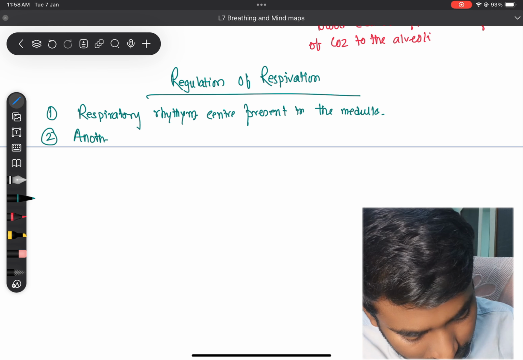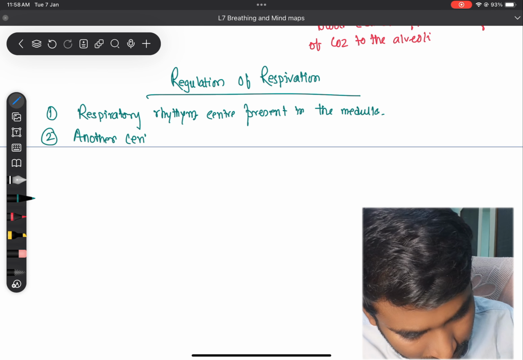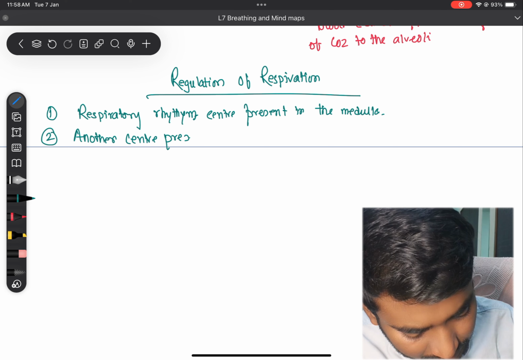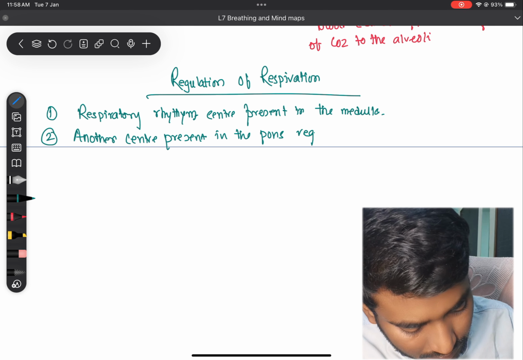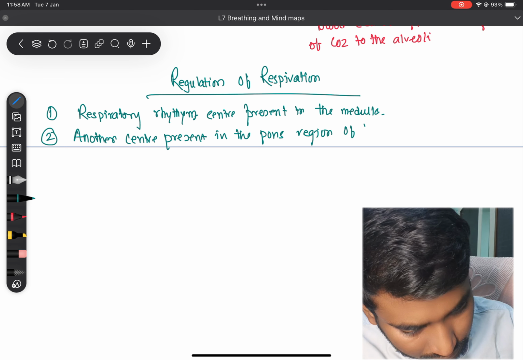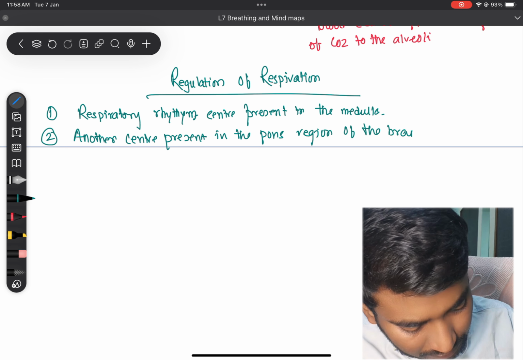Another center is present in the pons region of the brain.